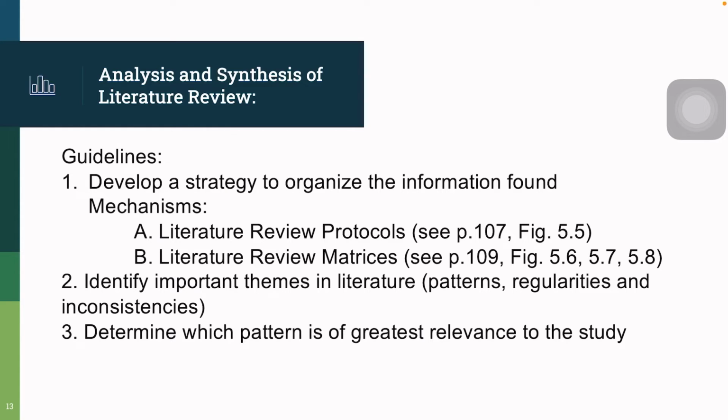To further understand what a formal protocol and methodologic matrix are, please see this page reflected on the screen. It also identifies important themes in literature, like for example the patterns, the regularities, and if there are inconsistencies, and also determines which pattern is of greatest relevance to the study.